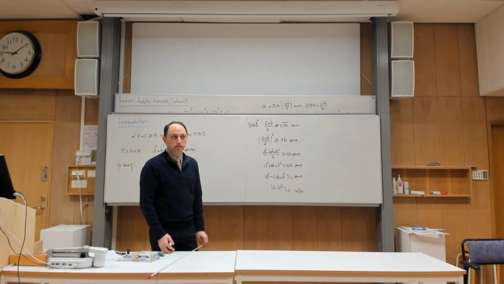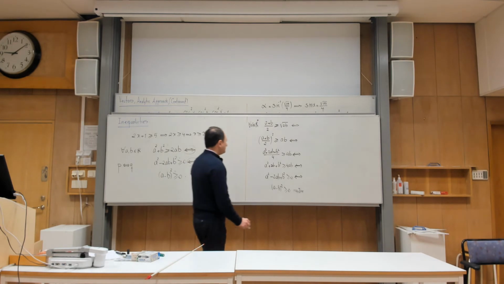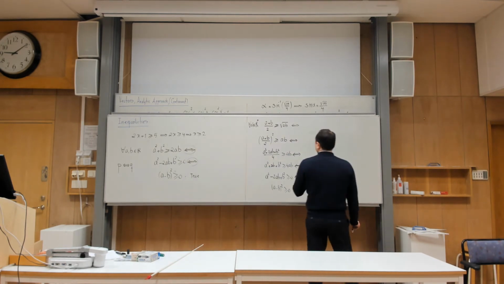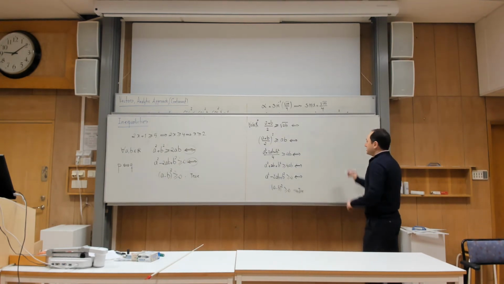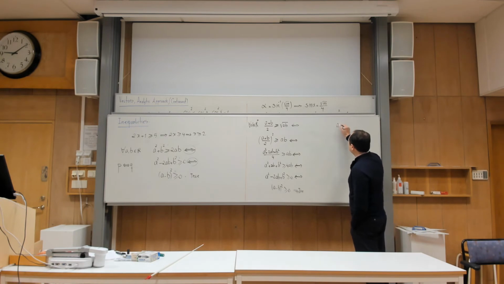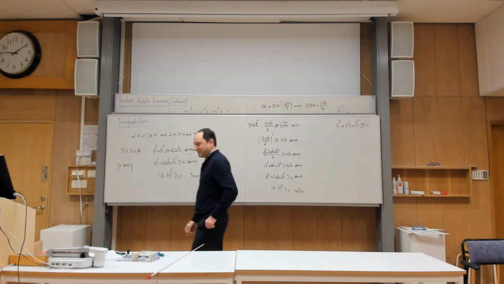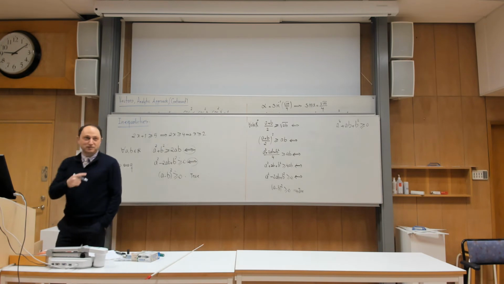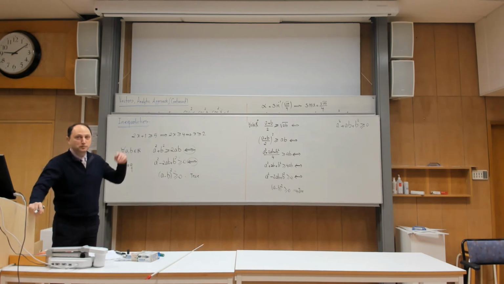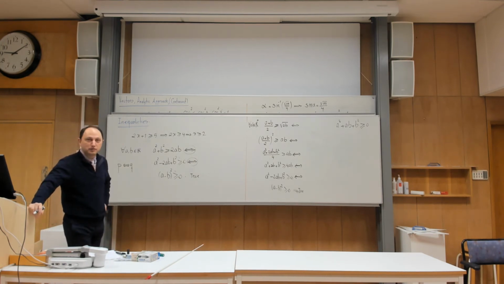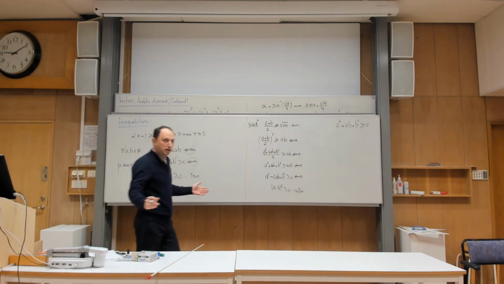Is that clear? Okay. I remember when I was at your age, this was very challenging for me, but the solution is very simple. Can you convince me that this is always true? So we want to prove that a squared plus ab plus b squared is non-negative for any real numbers, not only positive.